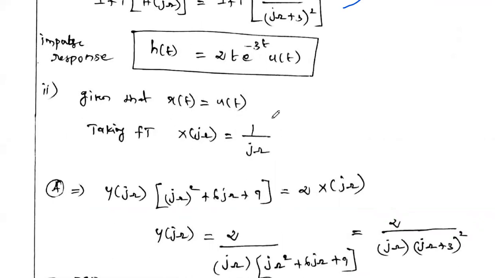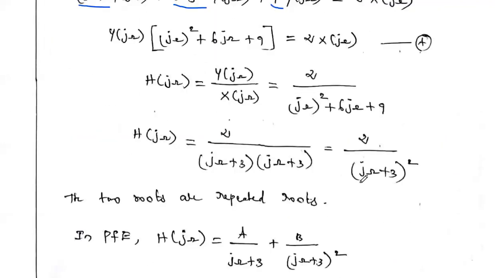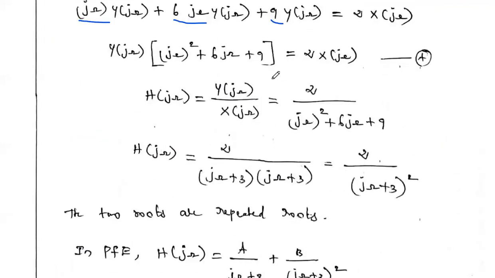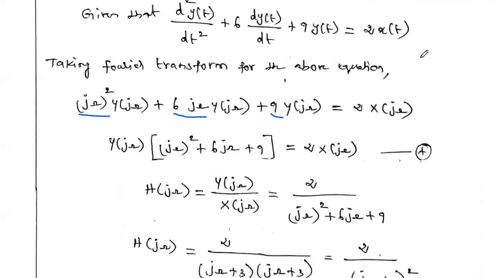So we got the answer for X of j omega. Now we have to substitute this X of j omega in the Fourier transform equation. For the given differential equation we take the Fourier transform and take Y as common.